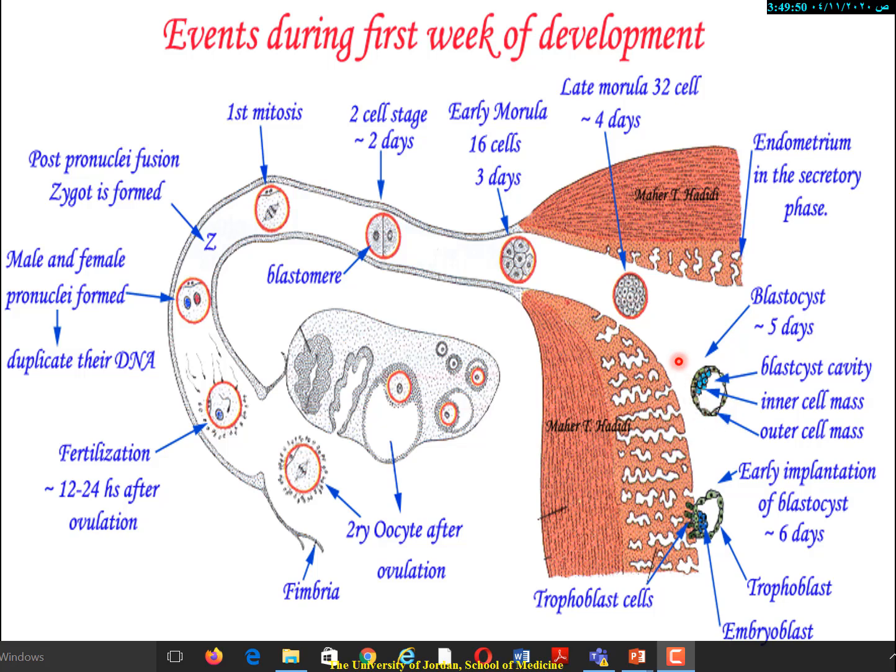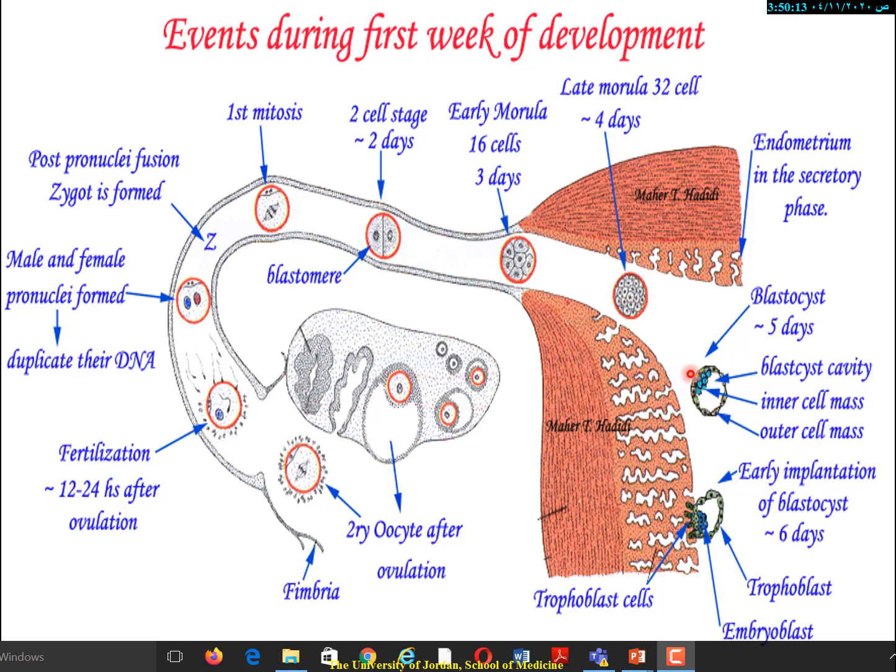and as it gets inside the uterus, the fluid here in the uterus would sneak inside the late morula, and the zona pellucida, as you can see, has gone, and the newly formed structure is nothing but a blastocyst.